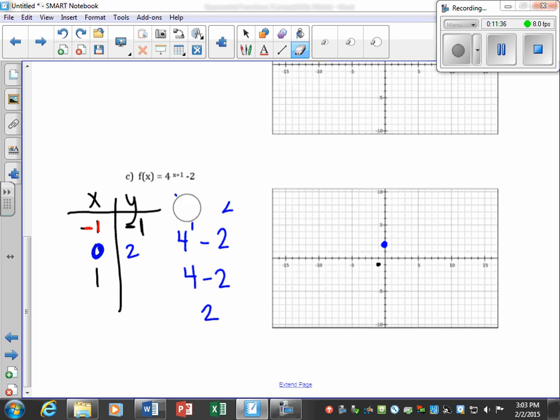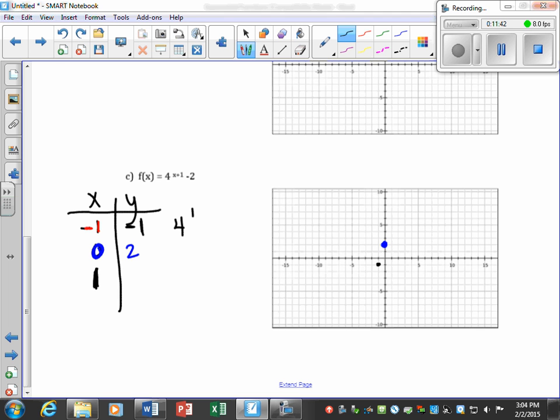And then last I'm going to get one more point for the sake of a good sketch. Everywhere there's an x, plug in a 1, so that would be 4 squared minus 2. 4 squared is 16, so 16 minus 2 is 14. So it's the ordered pair 1, 14, which is going to be up there.